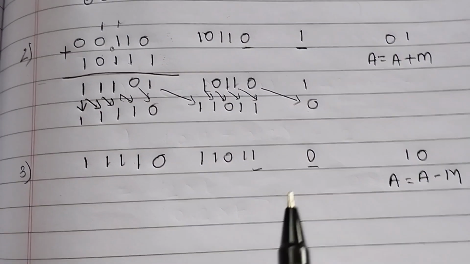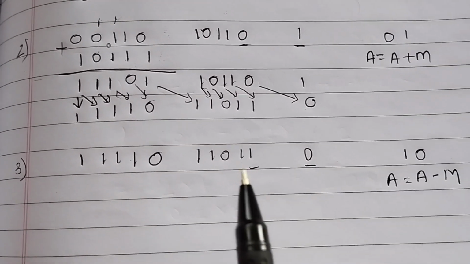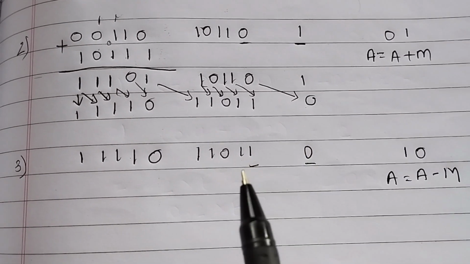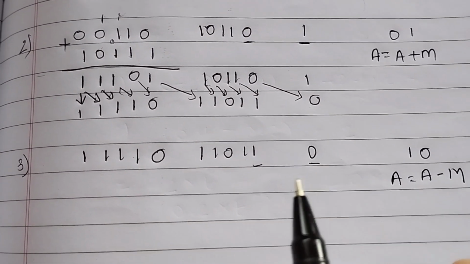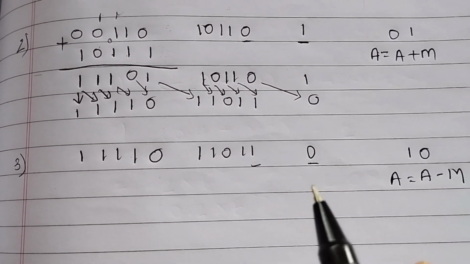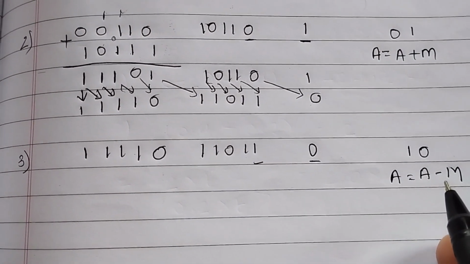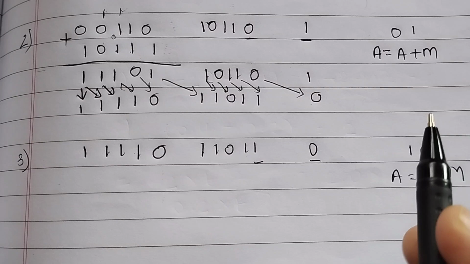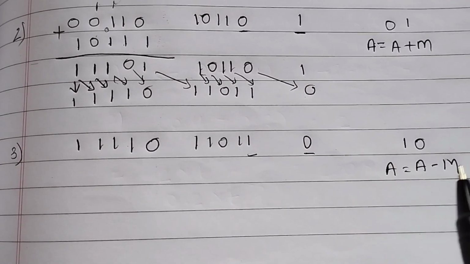Otherwise we would refer to the flowchart and then decide which operation to do, which is a much more complicated process. So I use this trick here: if 1 comes, then I directly perform minus M, and if 0 comes, then I do addition of the accumulator and the M.